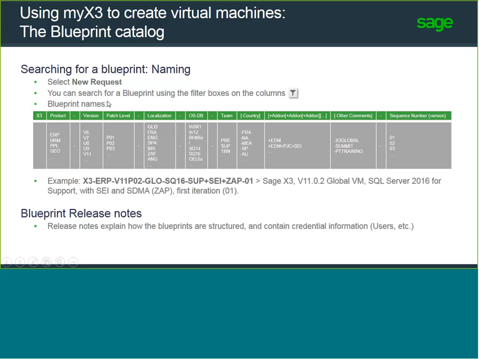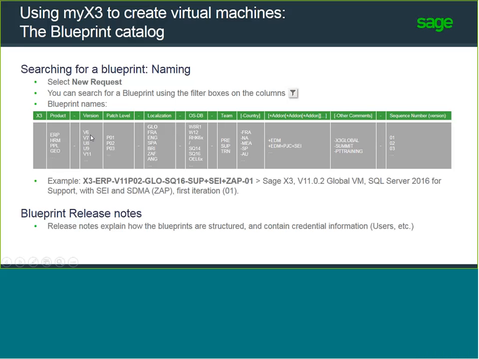So, to search for a blueprint, you're going to use the name. The name is standardized in the following way. First of all, you have a prefix, X3, and then you have a product code. Product code is ERP for just Sage X3 ERP, HRM for the old Sage X3 HR products, which I think you do not have in the US, PTL for Sage X3 People, which is the HR product from version update 9 and on, and GEO for Geode, which is the WMS product.